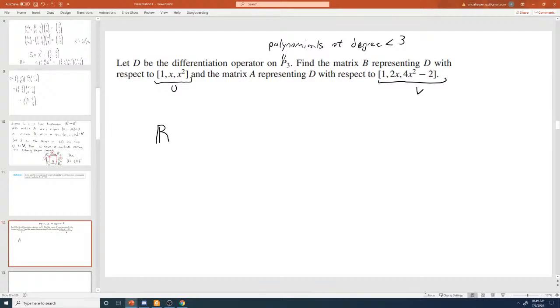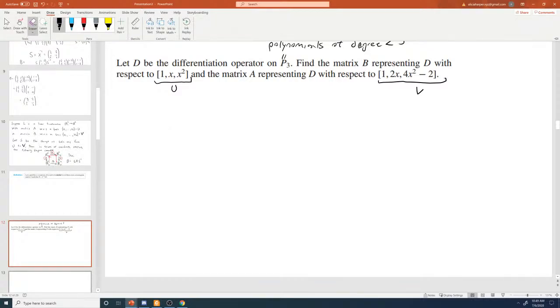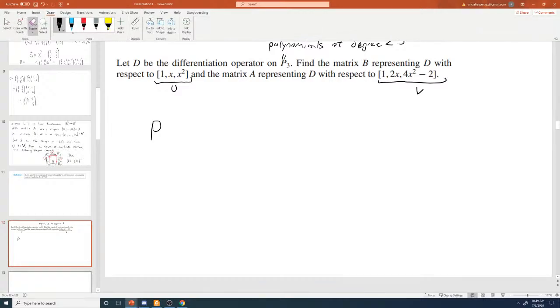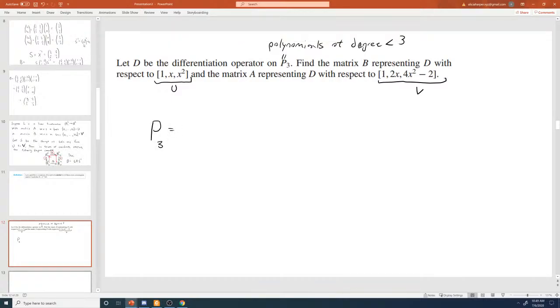What I can do is note that P3 here can be understood as basically polynomials ax squared plus bx plus c, where a, b, c are real numbers.